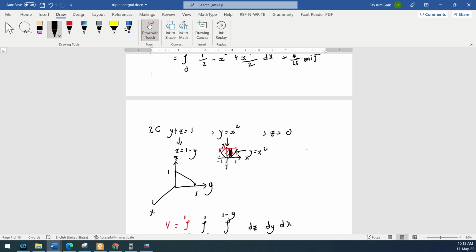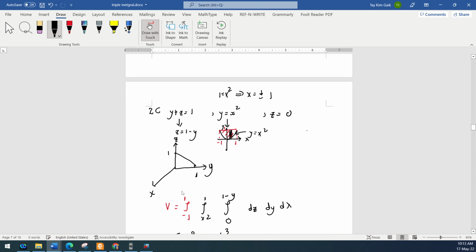So x is unbounded, but we know y is bounded because y is cut by the plane y plus z equal to 1, so y is 1. When you put 1 into x squared, you have x equal to positive or negative 1. So x is from -1 to +1, which is the limit for your x here.